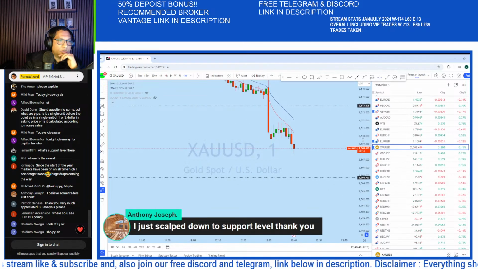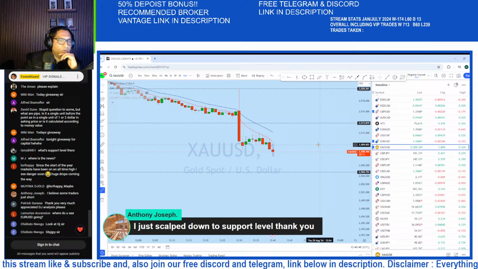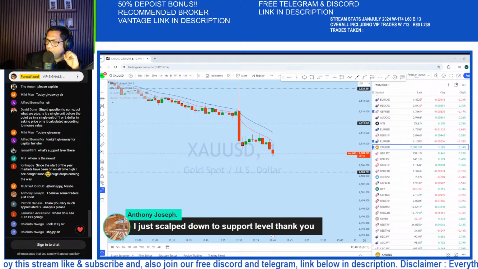Okay, so the trend is down. If we see a very strong liquidity candle formation, we can look for potential entry.